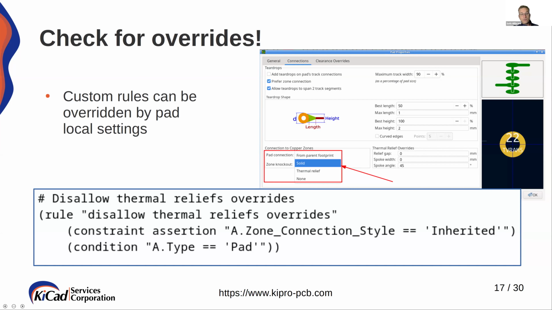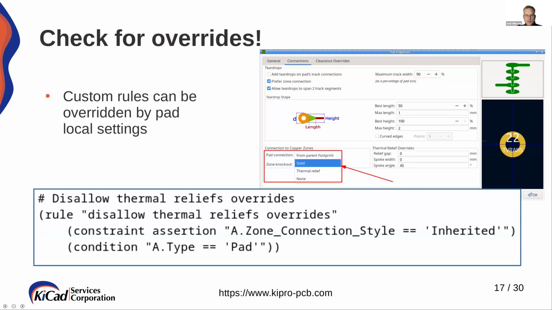So here, how would you know that your pad has an override? Well, if you want to make sure that your rules are the end story on your board, then you can make a rule that actually checks to make sure that your rules are the ones being applied.